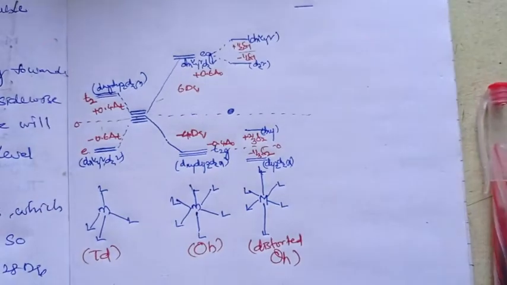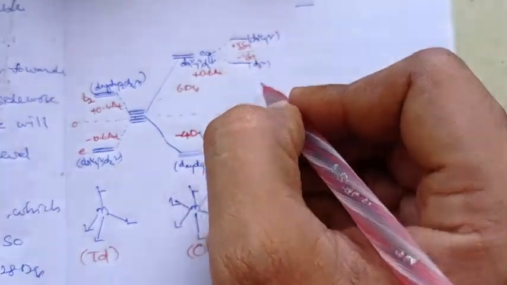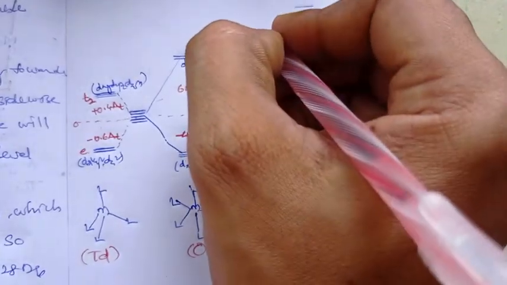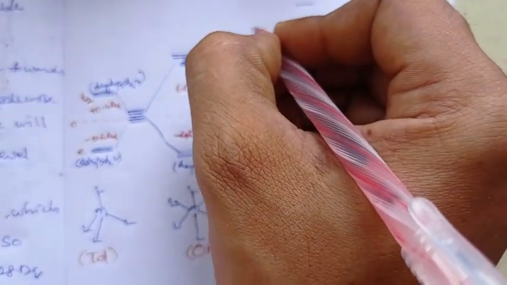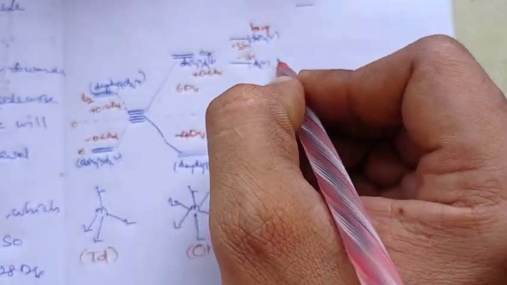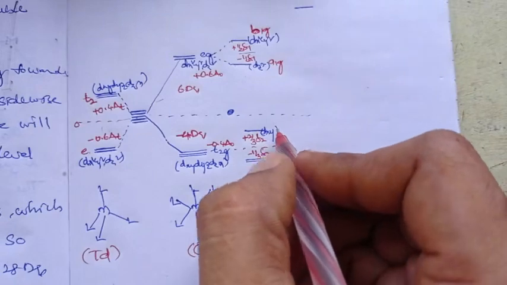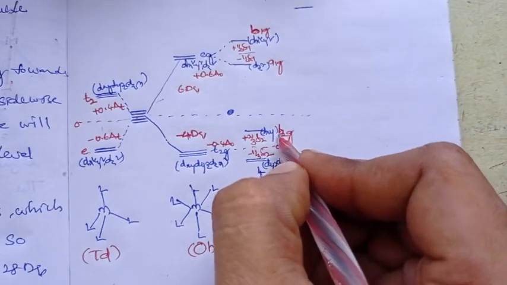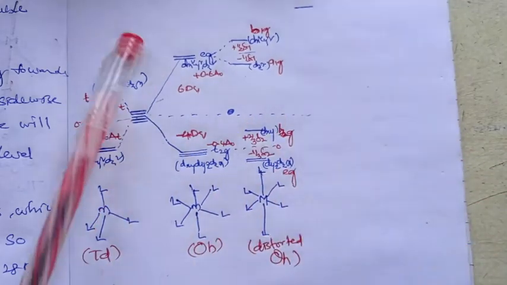Here I haven't given the nomenclature of the energy levels generated in the distorted octahedral. The highest energy level is represented with B1g, the next with A1g, the dxy orbital level with B2g, and the lowest with Eg.